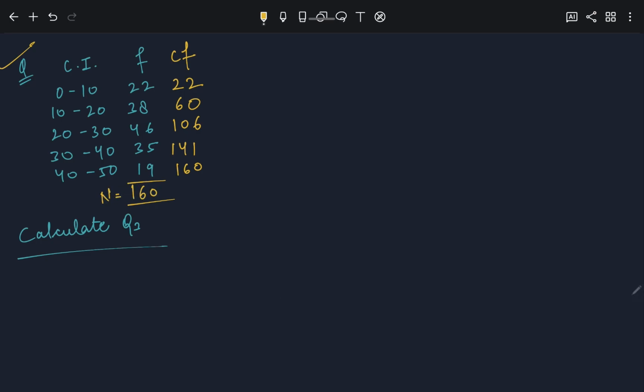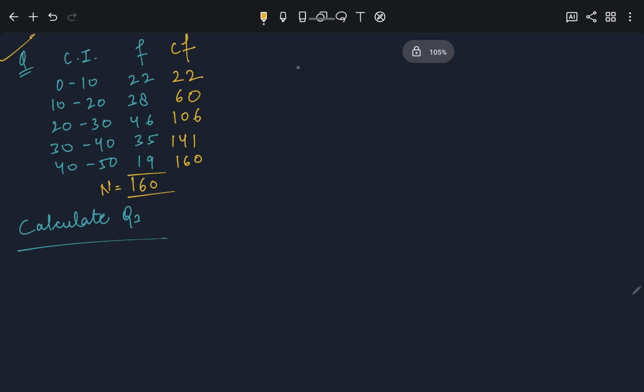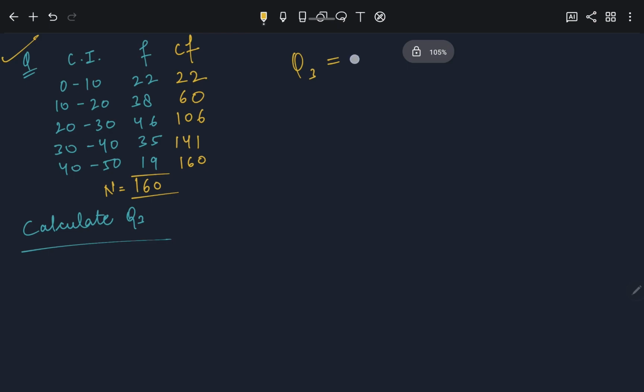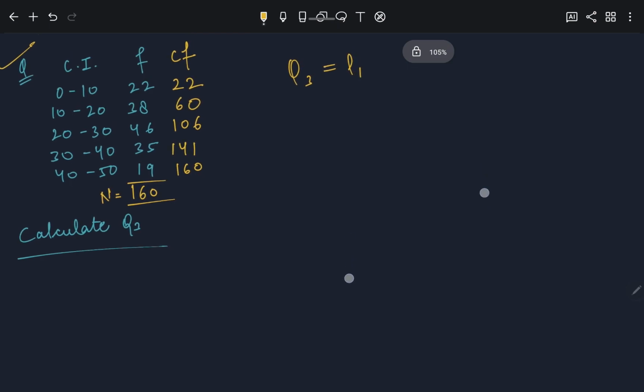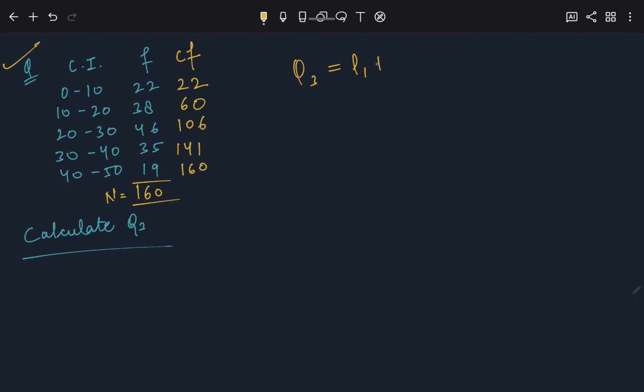Now we will put the values in the formula. Our formula was Q3 is equal to L1 plus 3n. Here we are calculating Q3, so we will write 3. If we were calculating Q1, we would have written only n, and if we were calculating Q2, we would have written 2n.